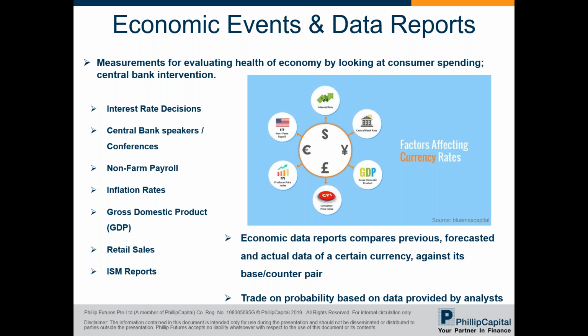Analysts will come up with forecasted data, and then you can use that forecast against the previous to see, since the last data release, has the economy been growing or has it been shrinking, depreciating? And that would in turn affect currency rates.